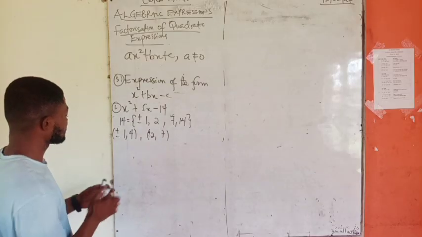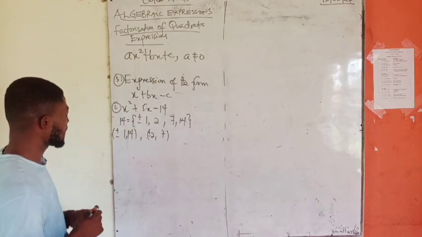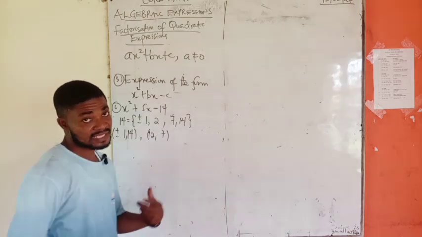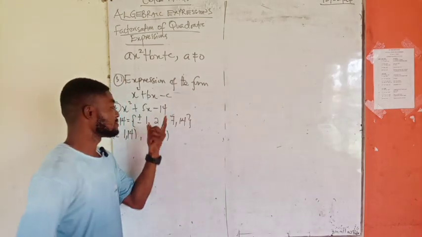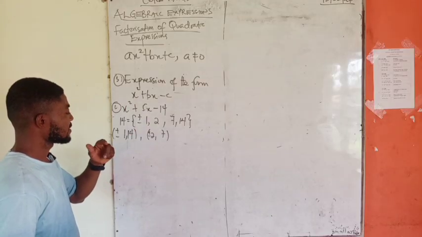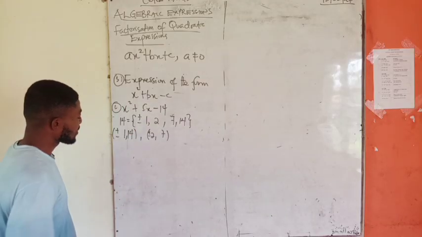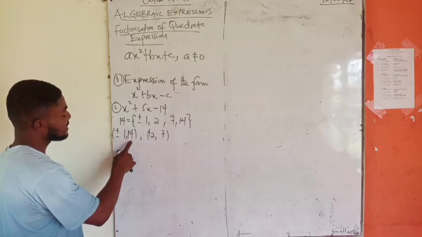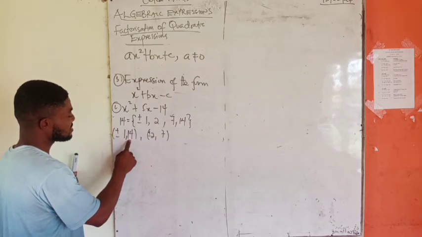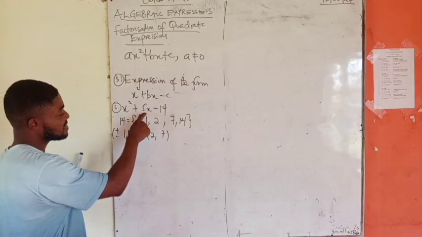When I add, negative, so I need two of the factors such that when I multiply, I get negative 14, but when I add, I get positive 5. Okay, so meaning the bigger number should be the positive one. So I take negative 1 against positive 14, when I add, I get positive 13.